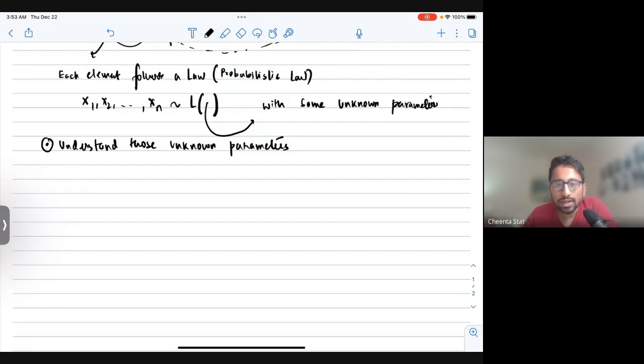So why are these two different topics? What are the two different topics that arise out of this whole situation? The first is statistical estimation.